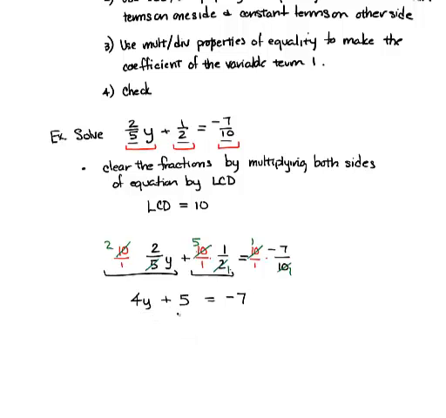But I want to get rid of my 5, because that's with my 4y term. I'm going to try to isolate that first. So I'm going to subtract 5 from both sides. This goes to 0. And I have a negative 7 minus a 5, and that's going to equal negative 12. Bring down my 4y. So now I have 4y equals negative 12.